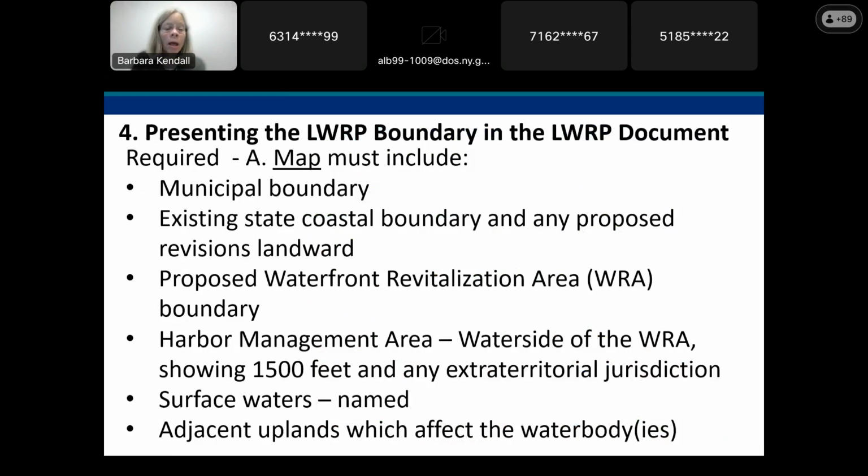Also the harbor management area, which is that waterside, showing the 1,500 feet and other extraterritorial, in other words, other jurisdictions that also have some laws and regulations that may overlap yours. Name the surface waters, and then adjacent uplands which affect the water bodies. So all this needs to be in the boundary map. And if they're not there, we'll ask you to revise it and resubmit it. So having it in the beginning is very helpful.